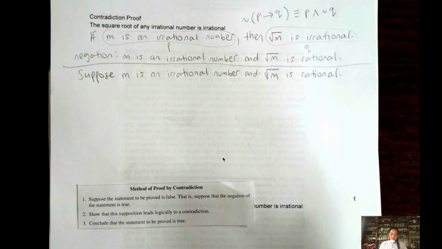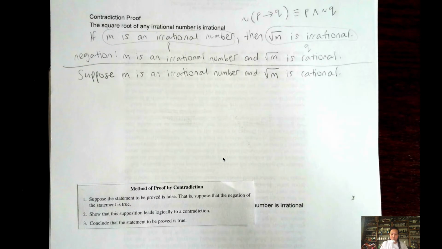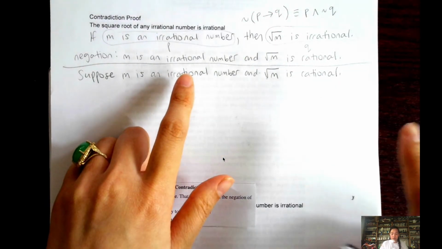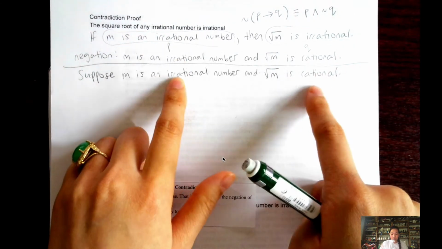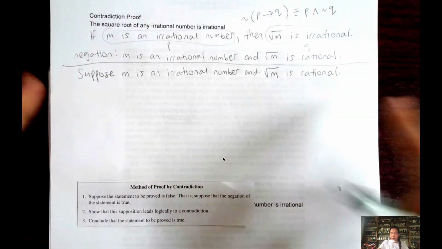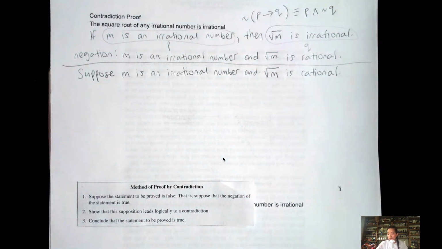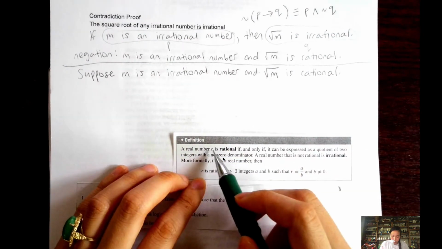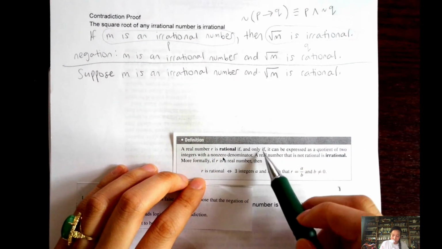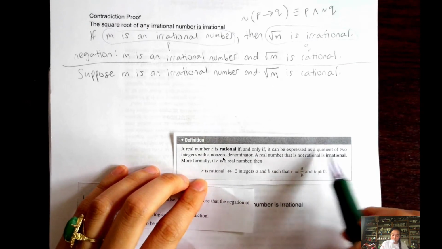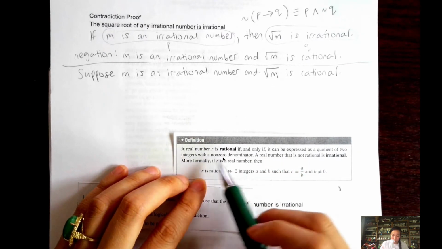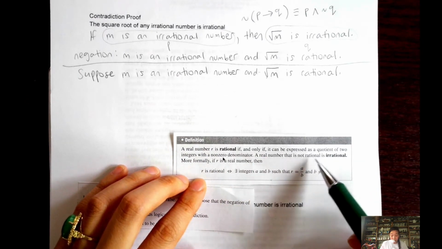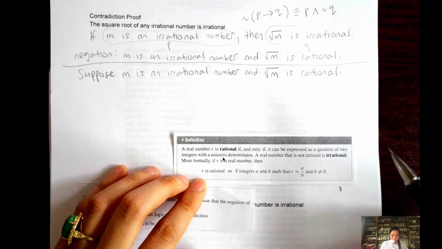Now the next thing you want to do is define the definitions. The technical terms that not everyone understands are irrational and rational. Everything else here is fine. The definition of rational and irrational: a real number r is rational if and only if it can be expressed as a quotient of two integers with a non-zero denominator. A real number that is not rational is irrational.